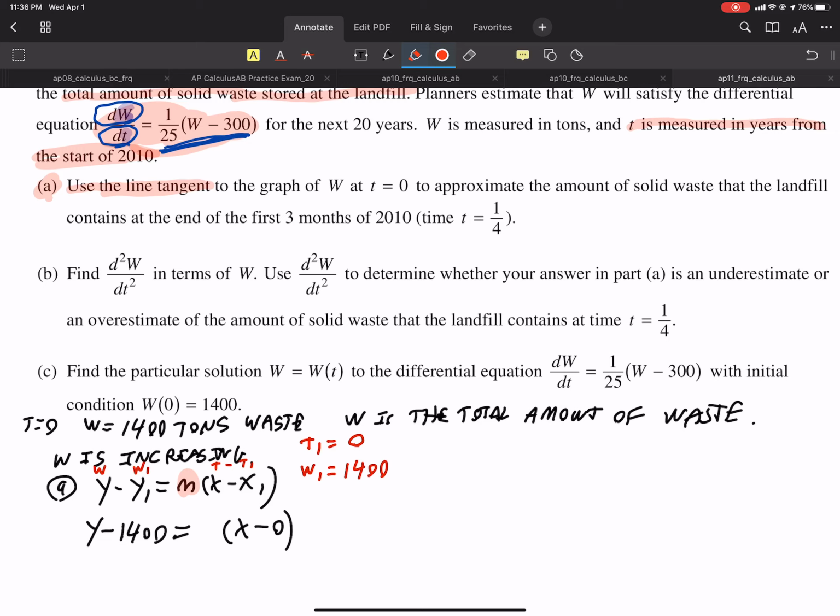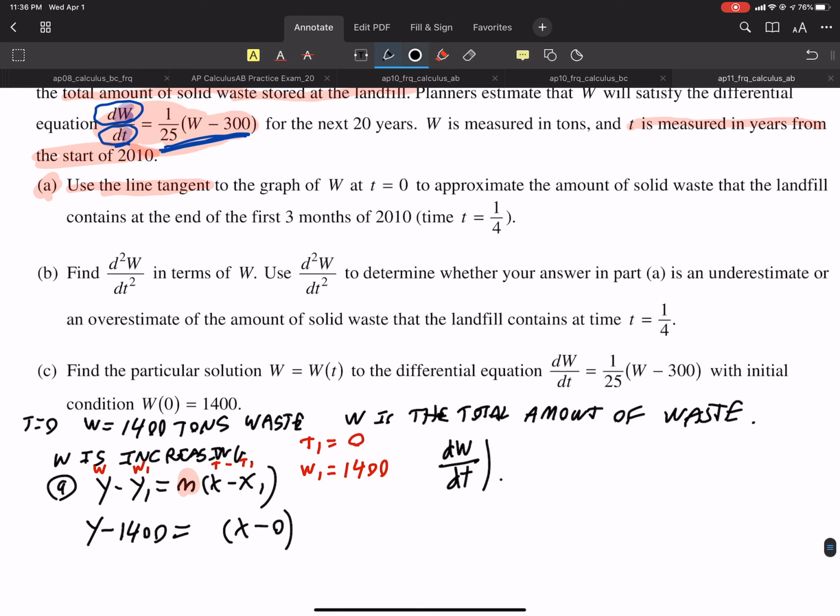Well, we have the derivative. dW/dt is the derivative, and we want to know that at the point where t equals 0. Well, in our function, we don't have t. We have W. But again, we know W is 14,000 when t is 0.